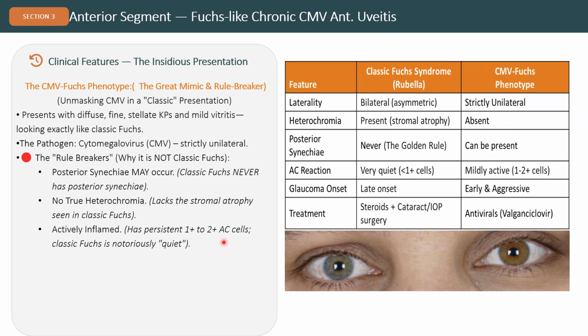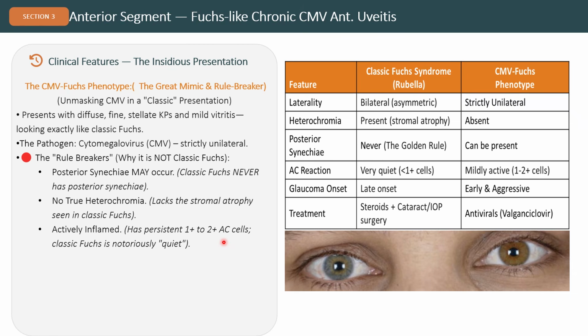So the evolution and the PCR in the laboratory investigation could subdivide a substantial proportion of the cases which were previously diagnosed as Fuchs uveitis syndrome into a subclass that is due to cytomegalovirus. And why is this division important? Because of the management.